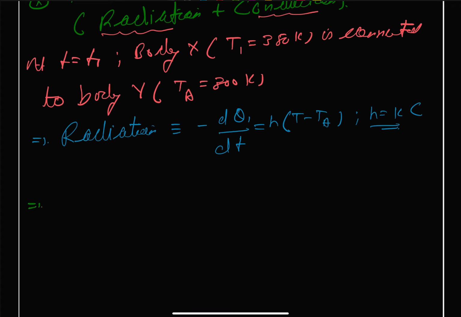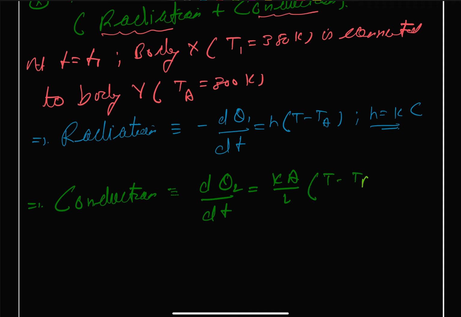And secondly, for conduction we can say that this heat loss is Q2, that is dQ2 by dt will be equal to K A upon L times T minus TA.